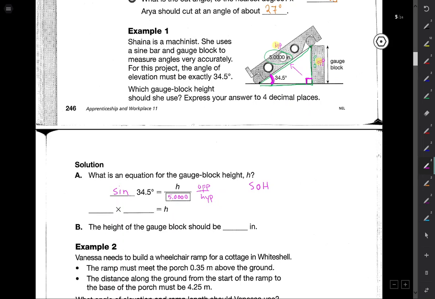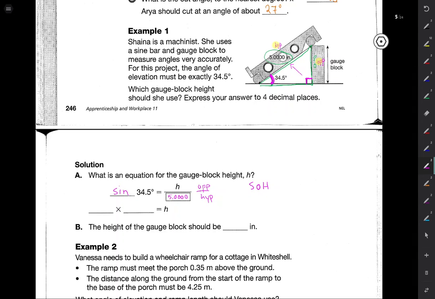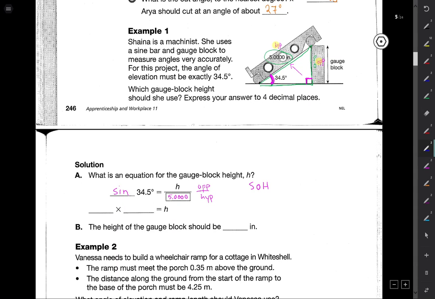Our next step to solve this question is we need to get that h all by itself so that we can solve for it. We need to isolate that variable. Right now it is getting divided by this 5.0000. So in order to cancel it out, we want to multiply this side by 5.0000, because if we have something multiplying and dividing, they cancel each other out.